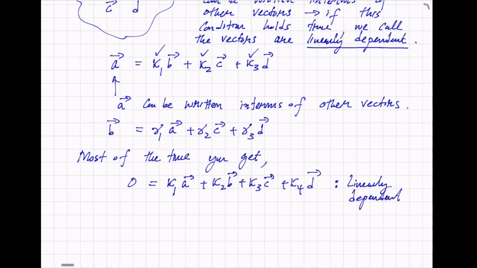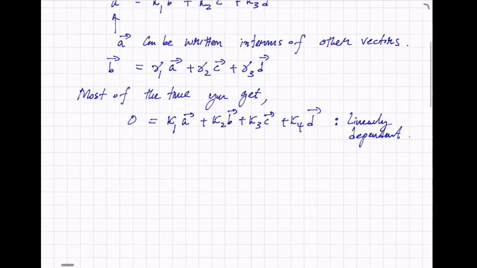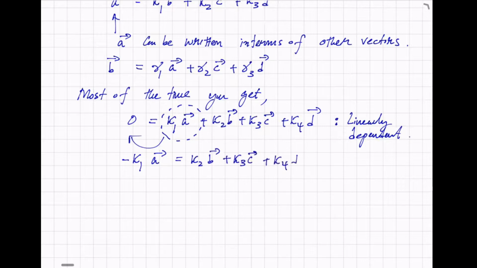Now we have to understand why we still call it linearly dependent. This is obvious: if you want, you can bring one term to the other side. So if you bring that to the other side, you get minus k1 A vector is equal to k2 B vector plus k3 C vector plus k4 D vector. Now if you want, you can rename minus k1 as k1 prime.